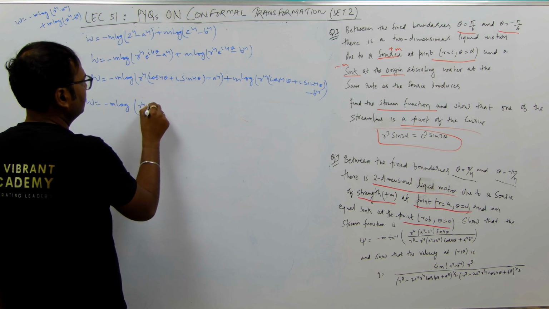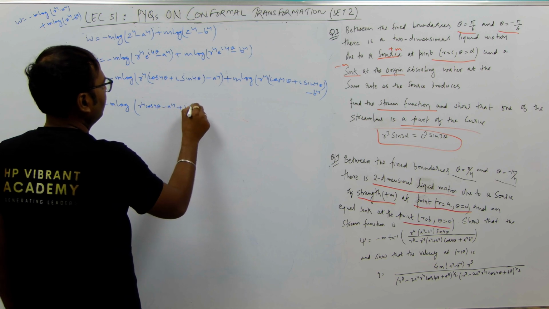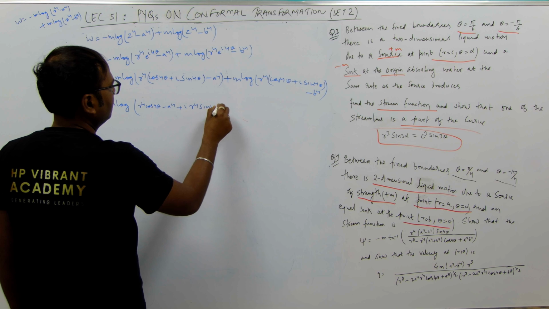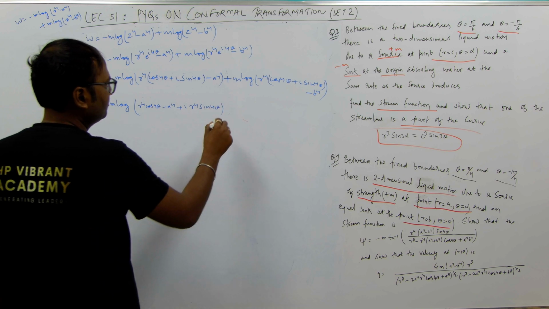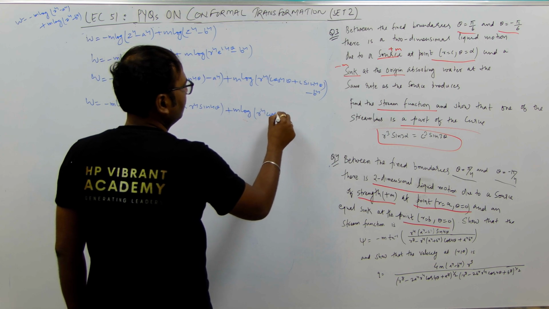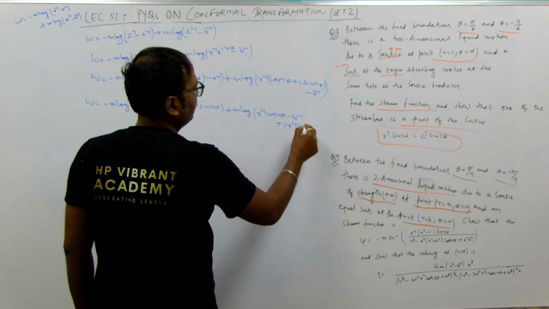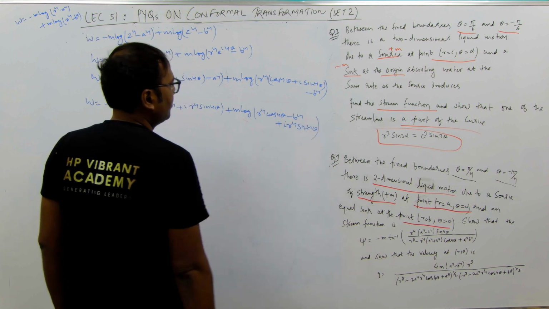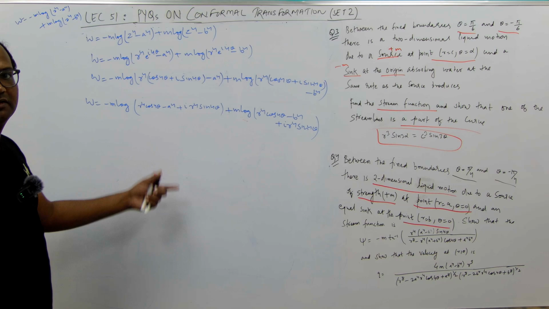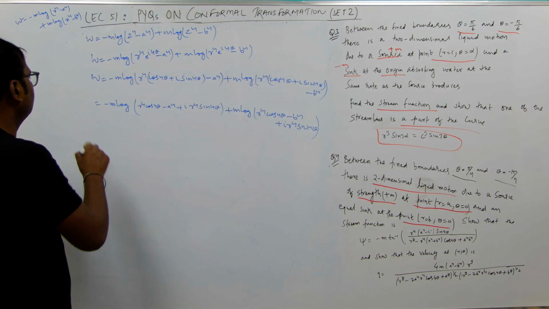So w is equal to minus m log of (r4 cos 4 theta minus a4) plus i (r4 sin 4 theta), plus m log of (r4 cos 4 theta minus b4) plus i (r4 sin 4 theta). Clear?